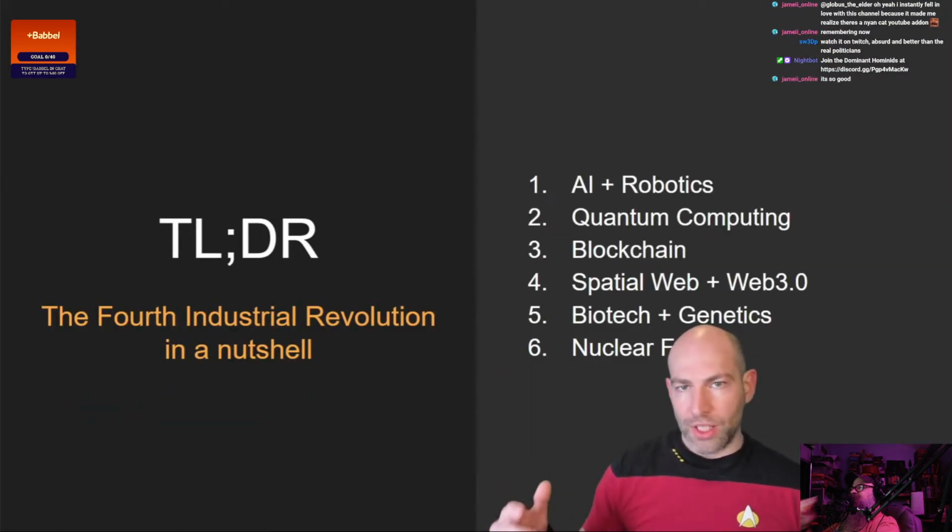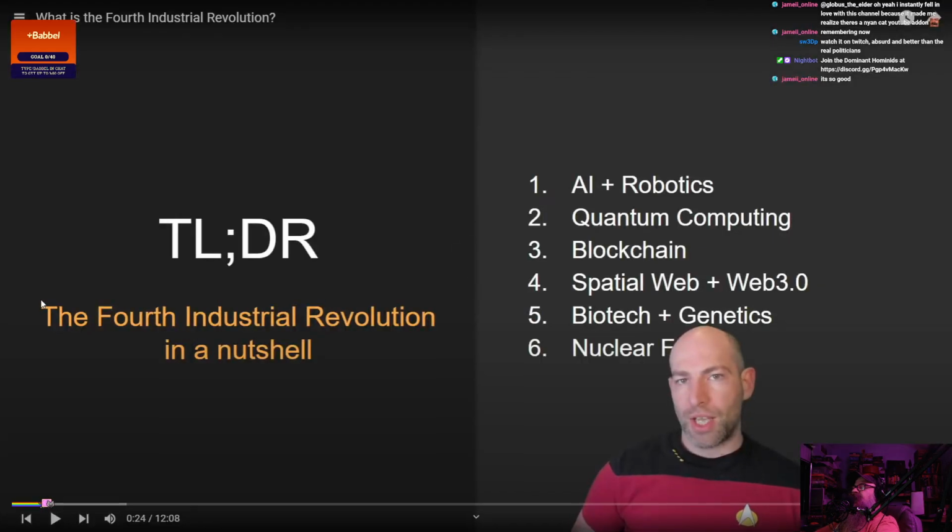So, real quick, TLDR in a nutshell, the fourth industrial revolution is the confluence of several technologies, namely artificial intelligence, automation, and robotics, quantum computing, which of course is still ramping up, blockchain technologies and cryptocurrency, spatial web and Web 3.0, biotech. He still vibes with cryptocurrency. I still don't.